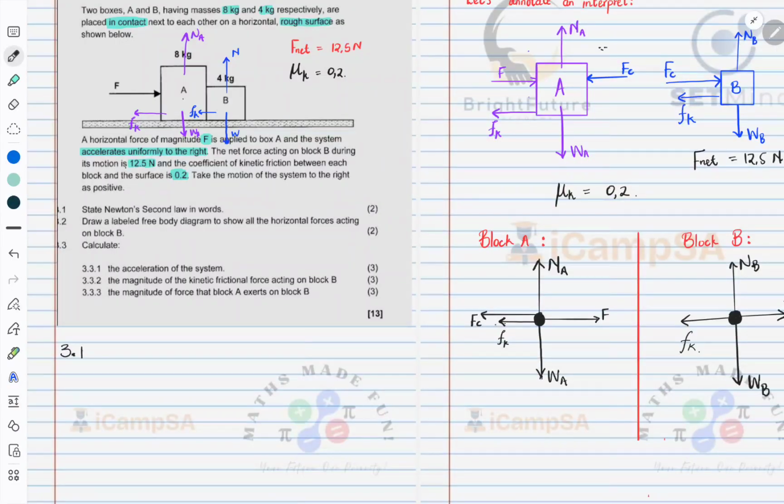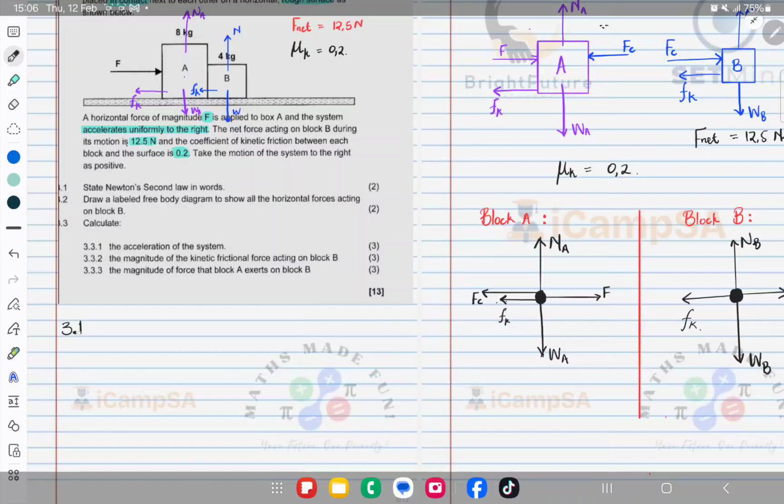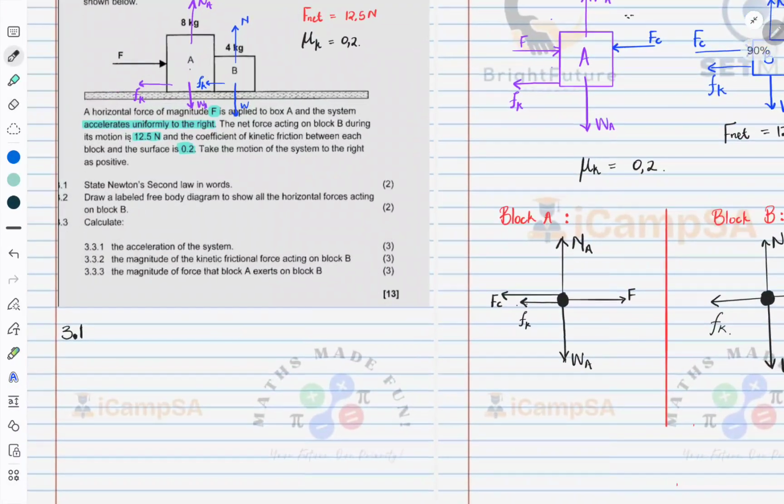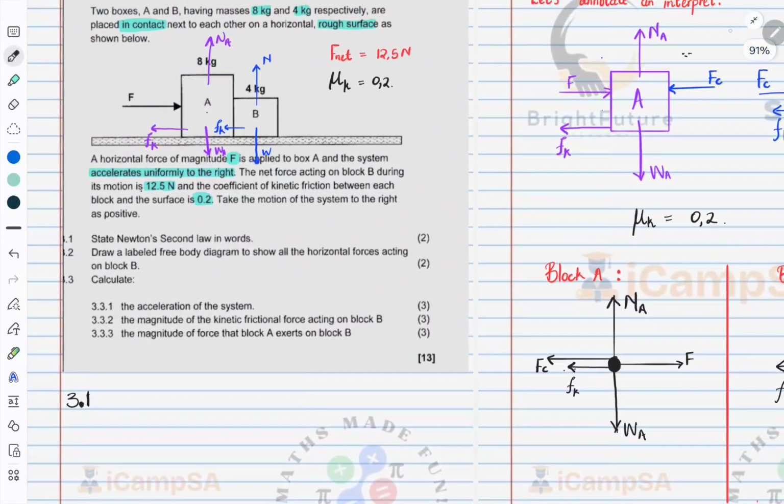It just means whenever a net force is being applied on an object, the object will tend to accelerate in the direction of that net force with an acceleration that is directly proportional to the net force, but inversely proportional to the mass of that specific object. It's usually one of the easiest ones to remember in physics, right? So that's all you would state.